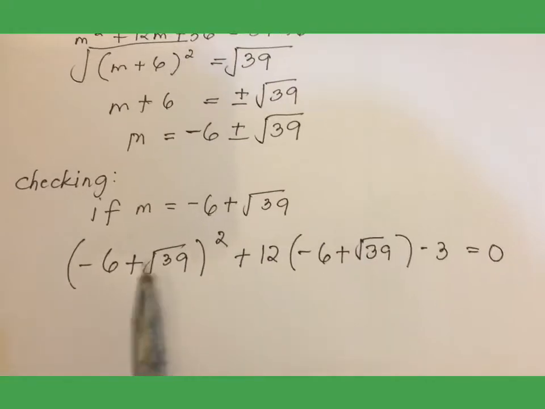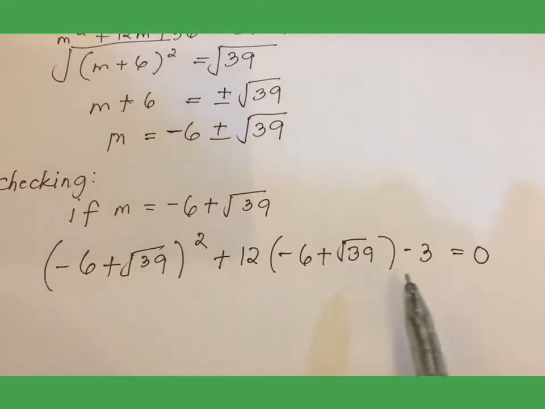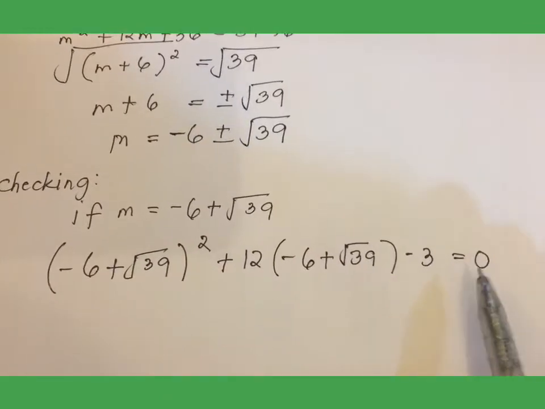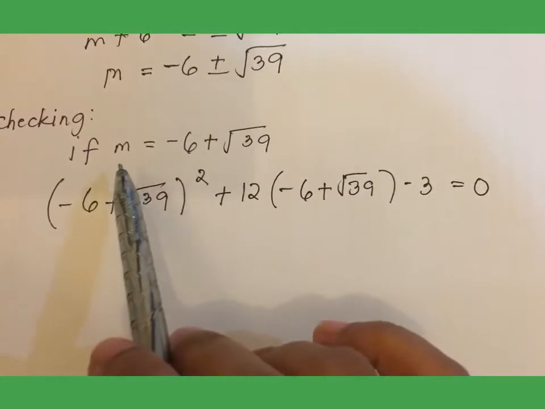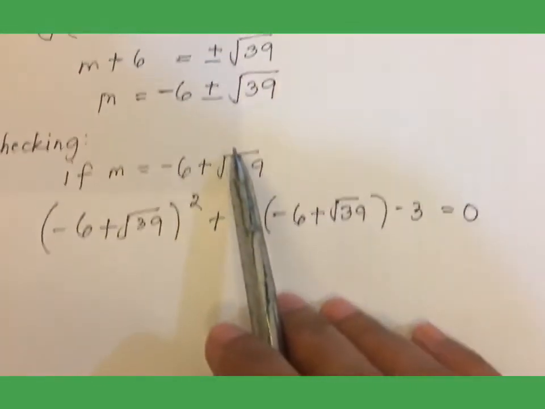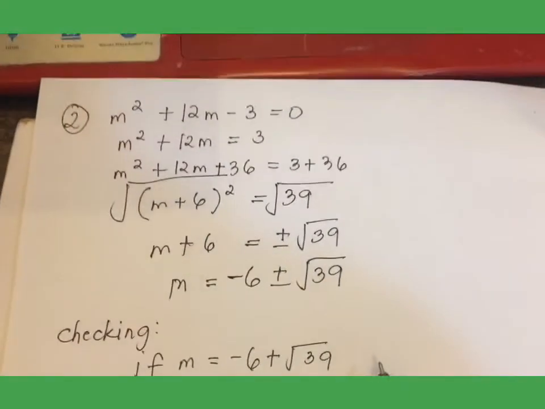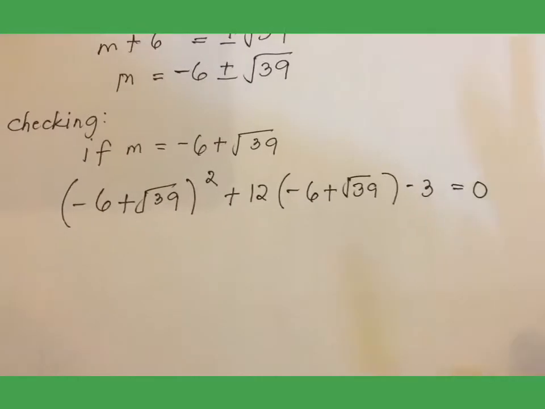All of this should be equal to 0 in order for us to say that this value of m is a root or a solution to the given equation, which is m squared plus 12m minus 3 equals 0. Let us see.